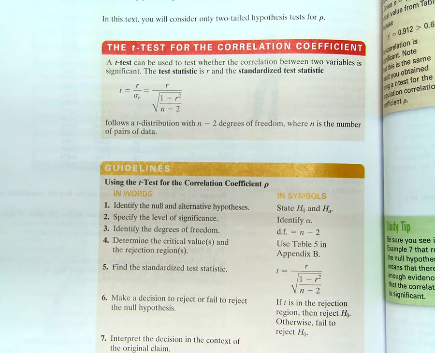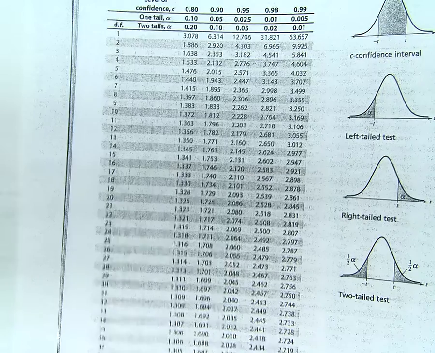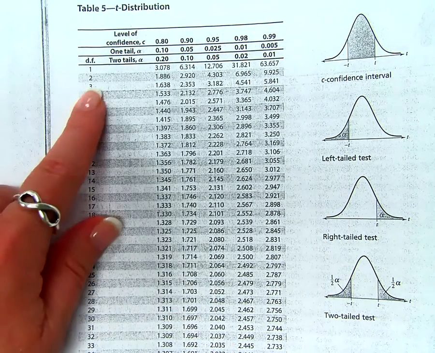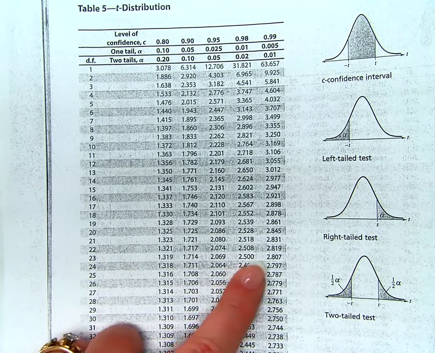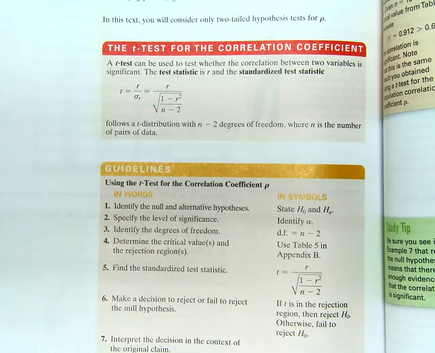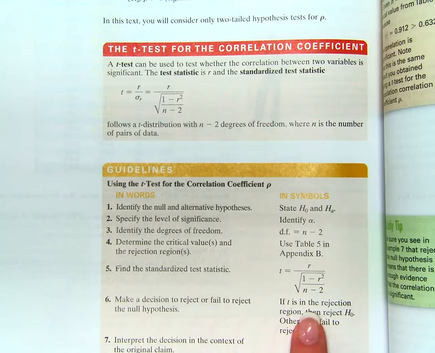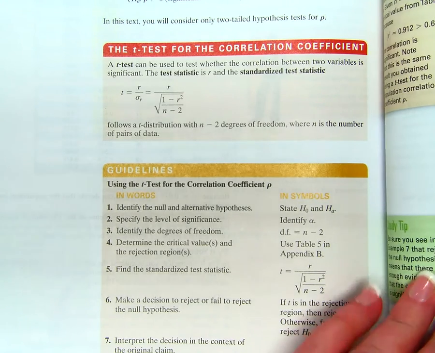Use Table 5 in Appendix B, which is this one, our t-distribution table, to figure out what our number is. So 23, and if we're going with 1%, that would be 2.807. Not a difficult table to read. We've read it before. And then we want to make a decision to reject or fail to reject based on the hypothesis, based on the claim, things like that.